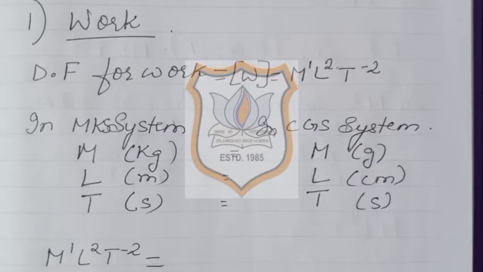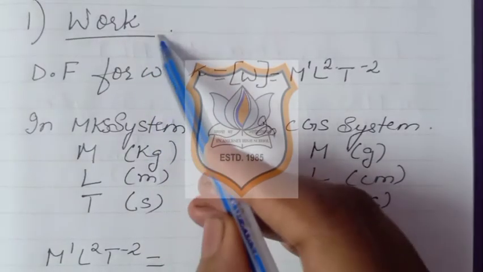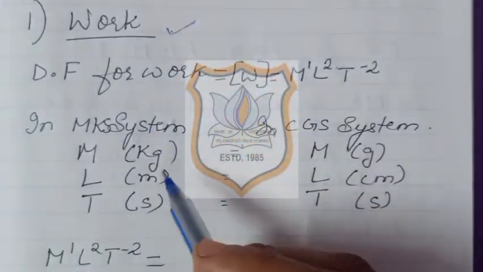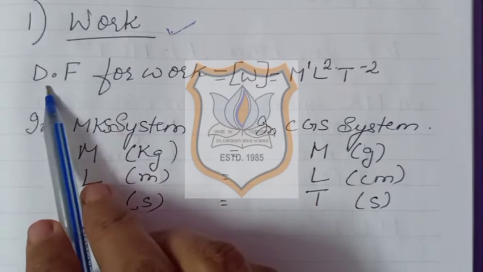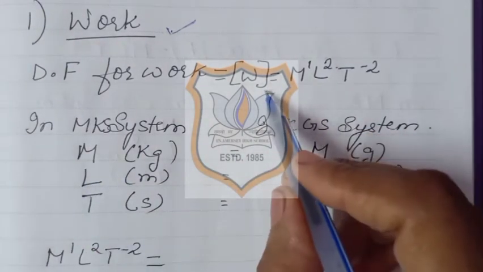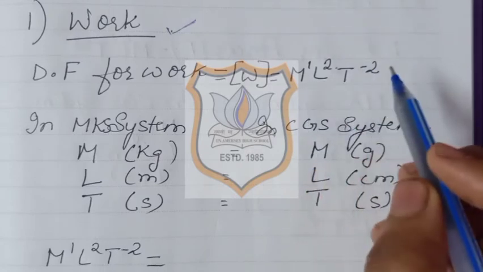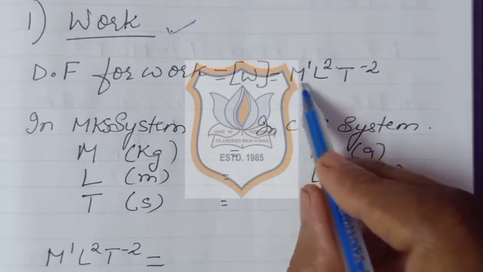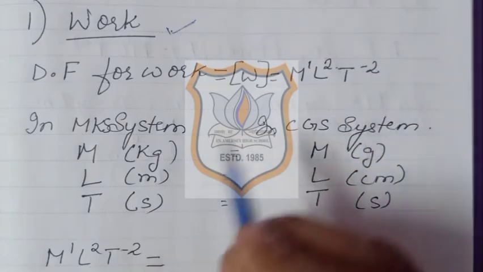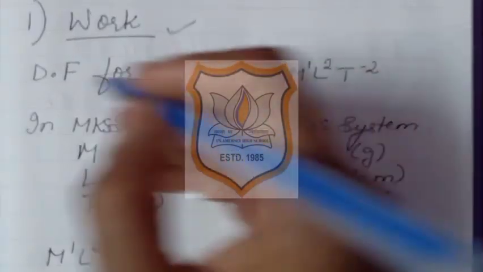Let us take the first physical quantity, that is work. Now what will be our first step? First, write down the dimensional formula for work. The dimensional formula we have already derived in the last video. Work has a dimensional formula M1L2T minus 2. This is our first step.